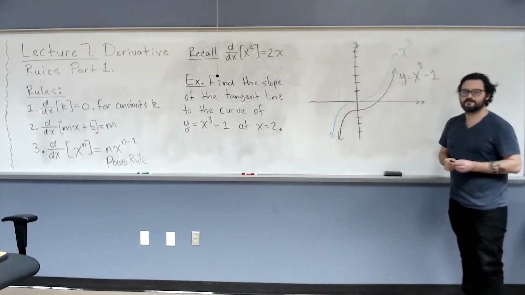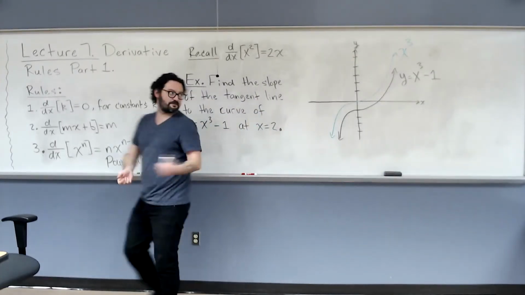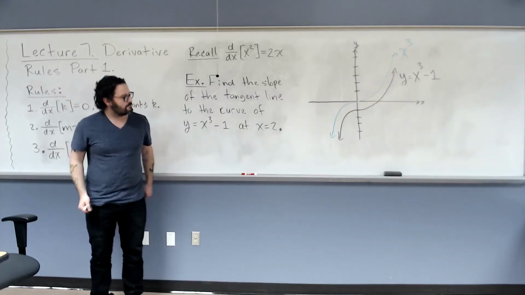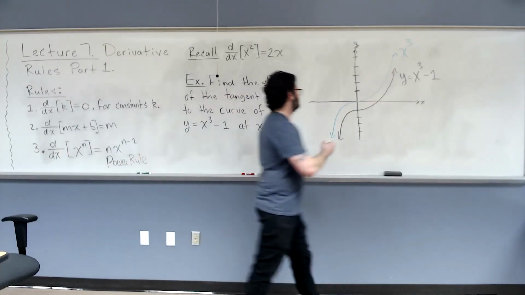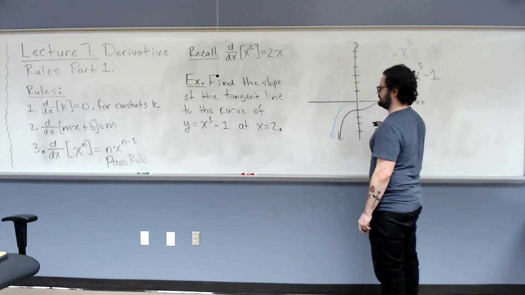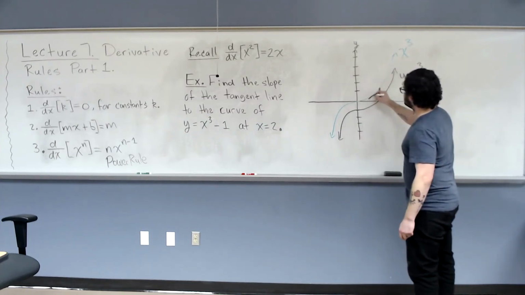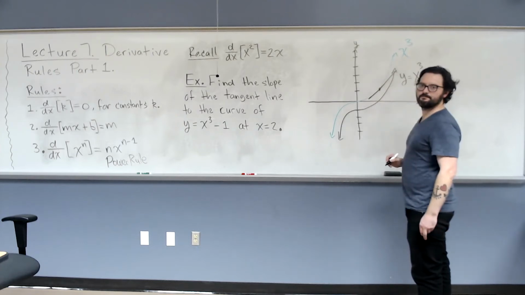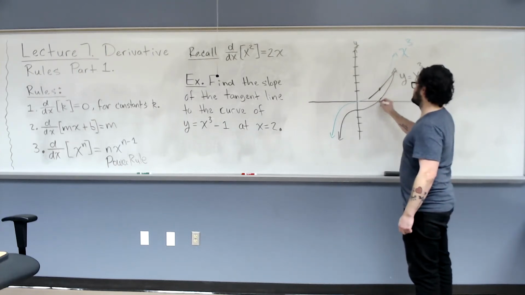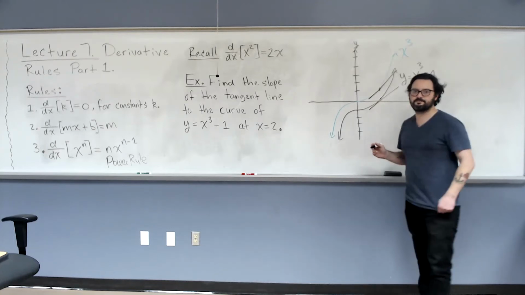Now, looking at the green one and the black one, if I want to know the slope of the tangent line right there, that's the same as the slope of the tangent line right there, right?